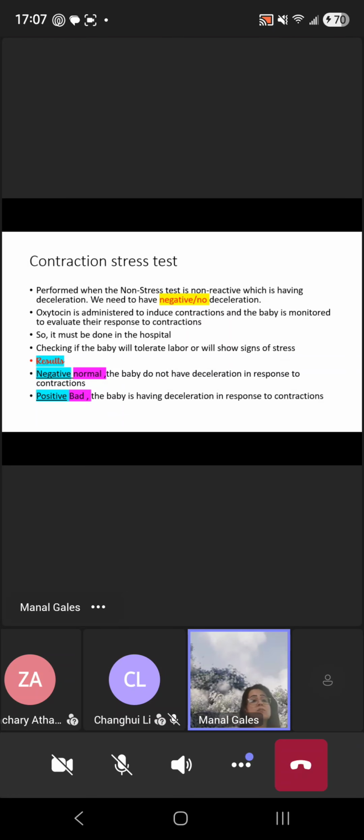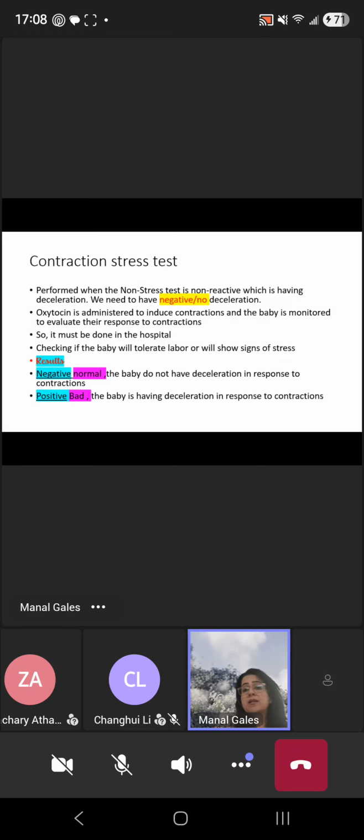A stress test means we need to find that the baby does not have deceleration. We need to rule out the deceleration because we found deceleration in the first non-stress test. We want to say, oh, that was an incident and it is not his usual.